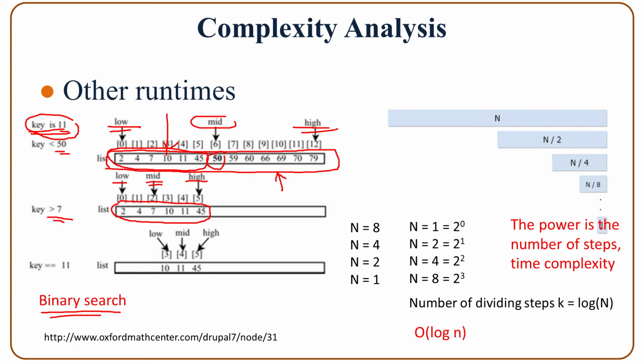So we take the second part, which is here, and recursively repeat this again. The low value is here and the high value is there. We get the mid value. And the mid value here is exactly the key which is searched for. And the algorithm finishes.